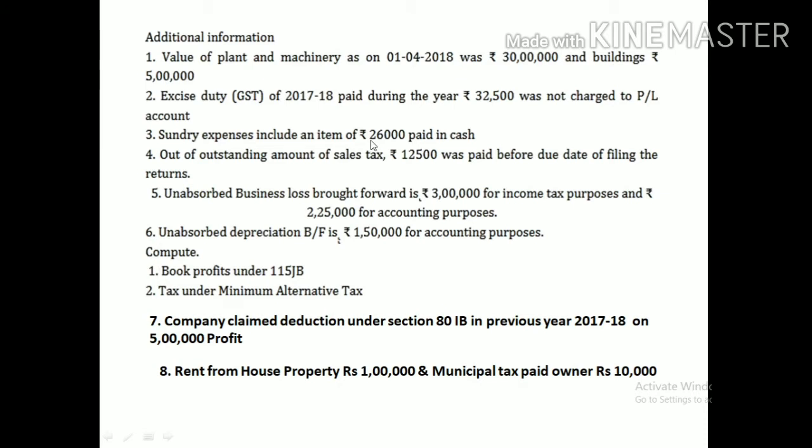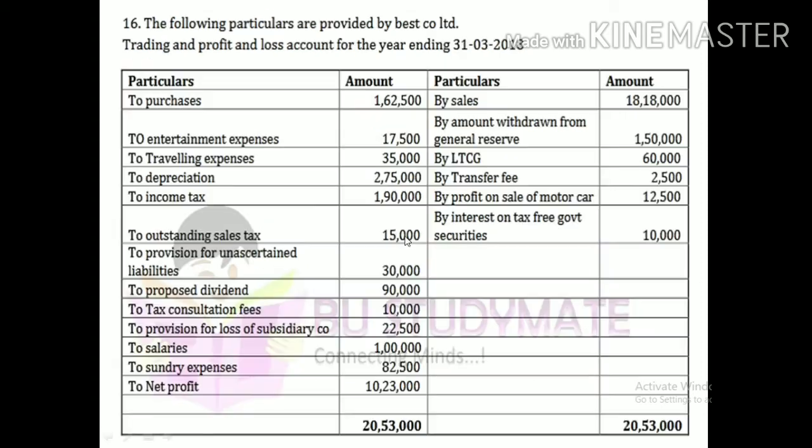When the company pays cash in excess of 10,000, the whole amount is inadmissible. So this 26,000 is added back to the profit, because it is paid in cash.